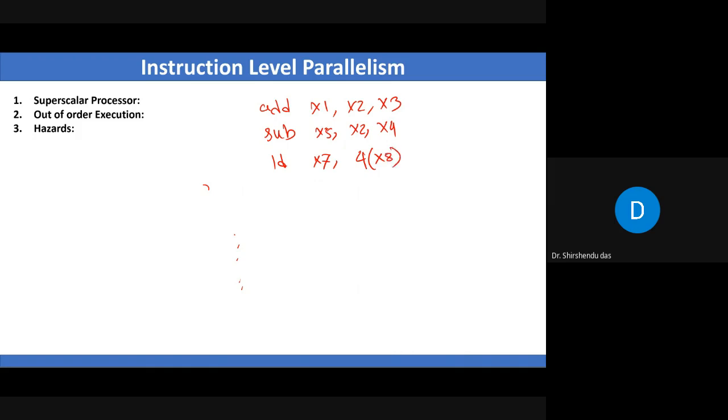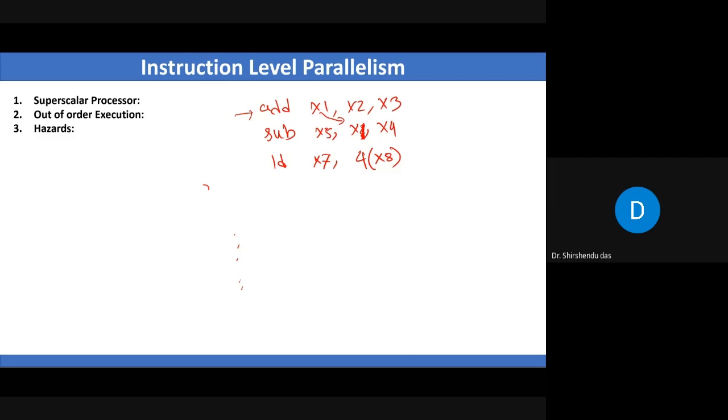So here out of order execution means sub depends on add, right? No, let me make it dependent. Now there is a data dependency here, right? Before, maybe this data dependency was solvable by data forwarding, but just assume that there is no data forwarding.